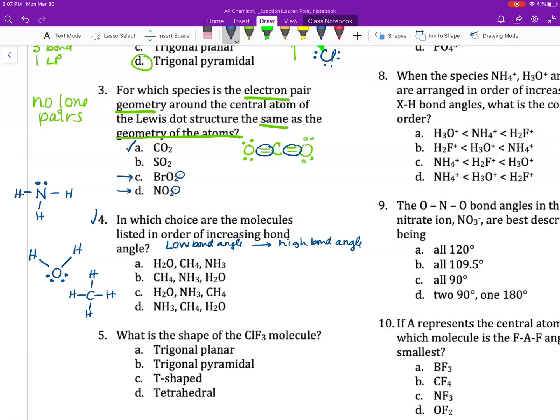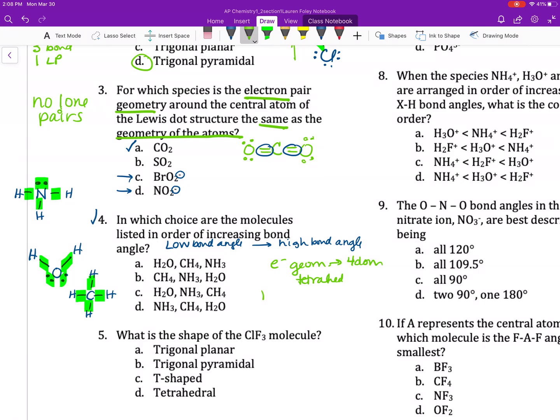Okay, so for all of these molecules, all 4 of them have 4 electron domains. So the electron geometry for all of these molecules is tetrahedral because they all have 4 domains.